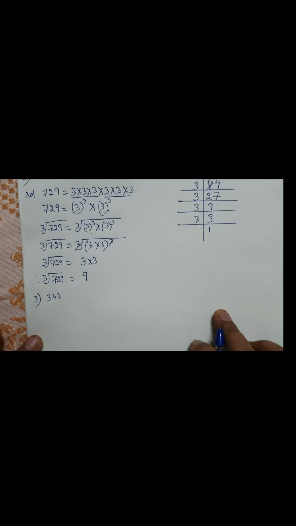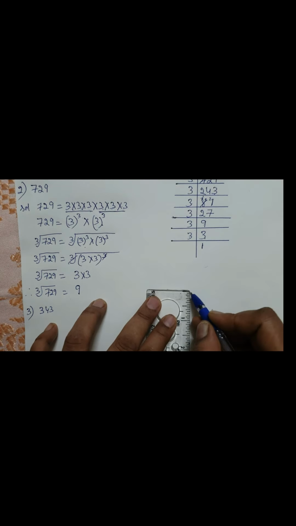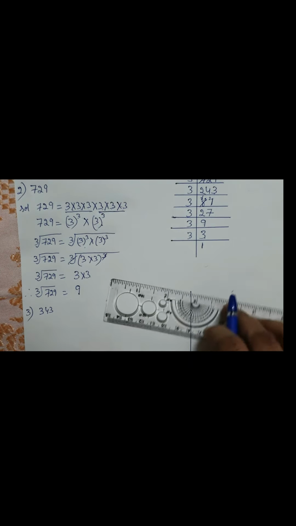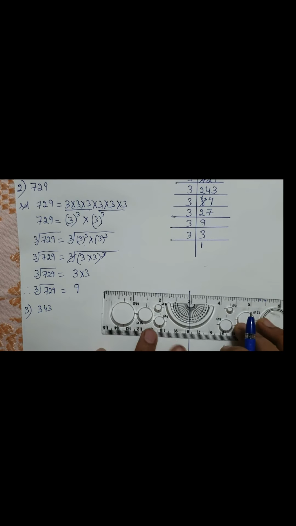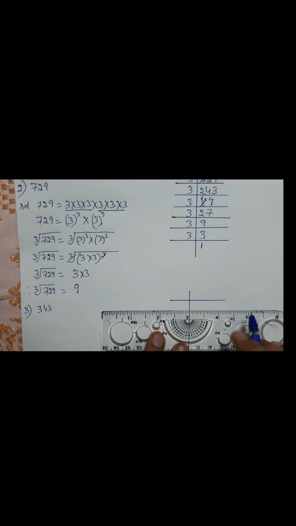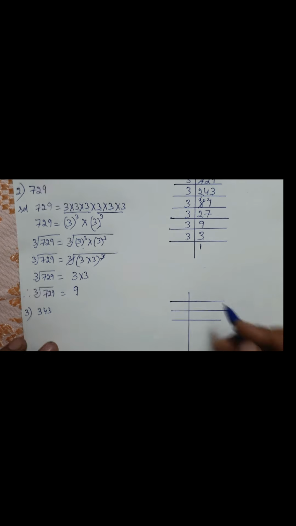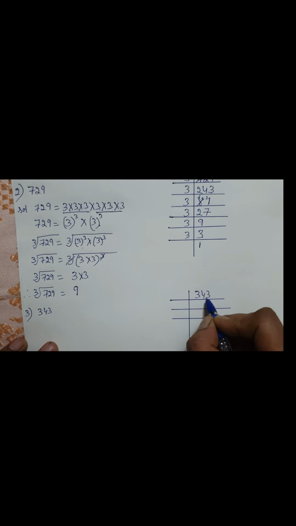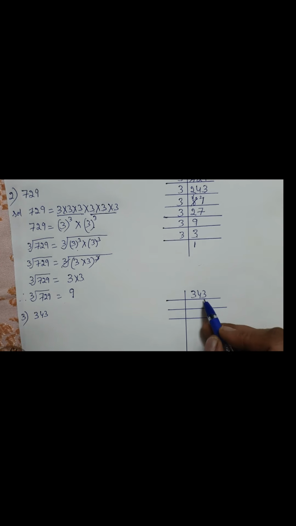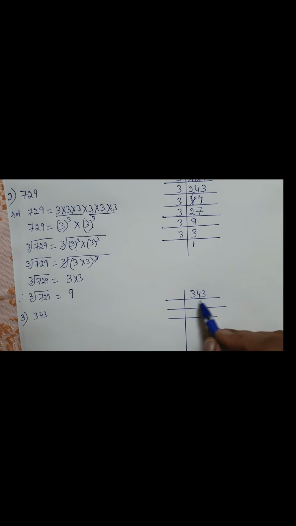Now again we have to find its factors. 3 is an odd number, but we have to see whether 3 is getting divided into all these numbers.